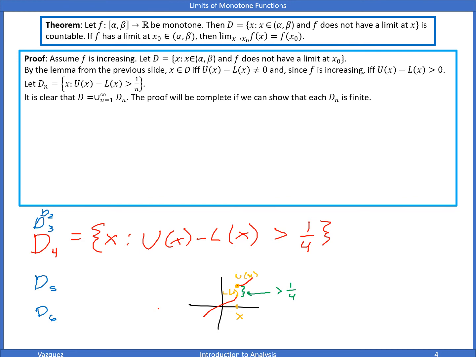So clearly, D, all the x's such that f doesn't have a limit at that point, is the union of all the sets Dn. Right? Because if x is in D, then x has to belong to some Dn. So this is going to be true if we show that each Dn is finite.